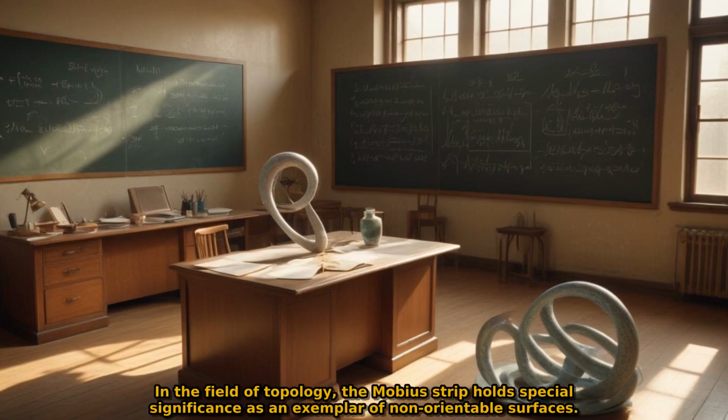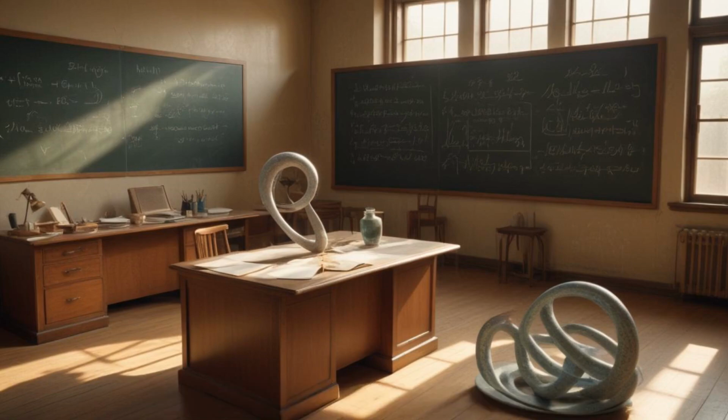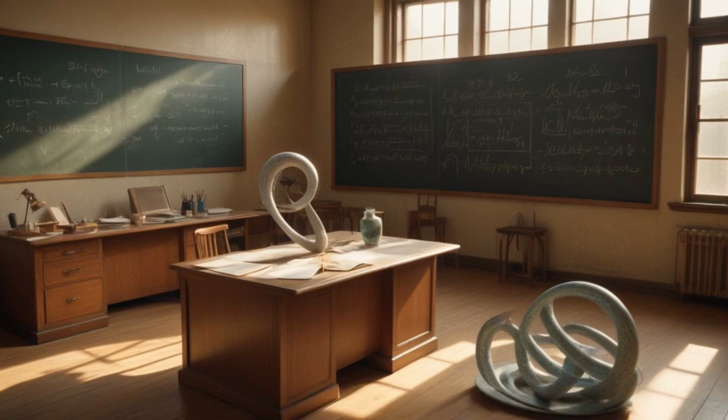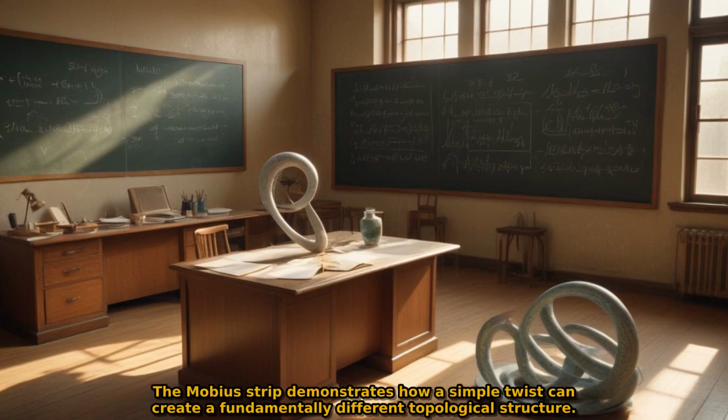In the field of topology, the Möbius strip holds special significance as an exemplar of non-orientable surfaces. Topology studies properties of space that remain unchanged under continuous deformations, like stretching or bending, but not tearing or gluing. The Möbius strip demonstrates how a simple twist can create a fundamentally different topological structure.